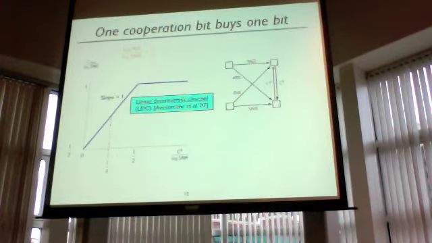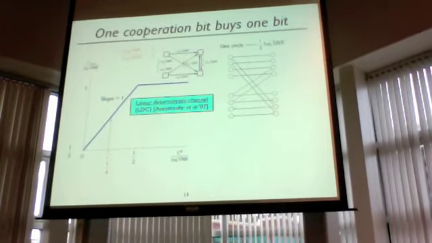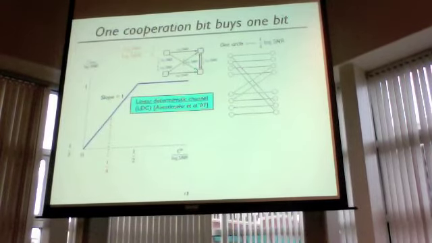Why we have one corruption bit buys one bit. Okay? And the corresponding model is here. So in this LDC model, each circle represents one binary bit. The left-hand side are the transmitters, and the right-hand side are the receivers.